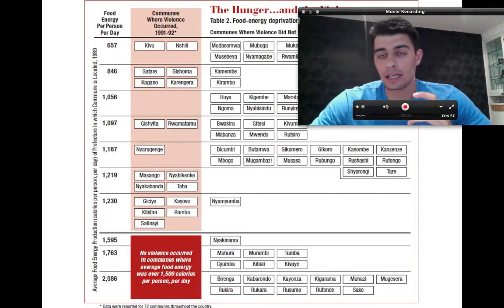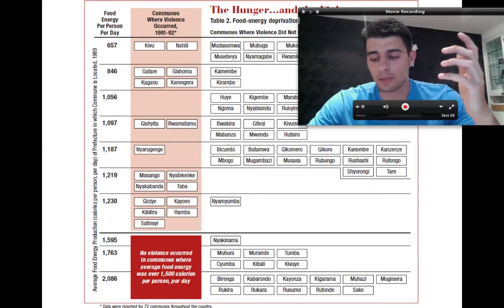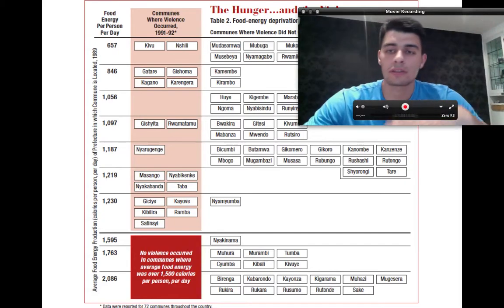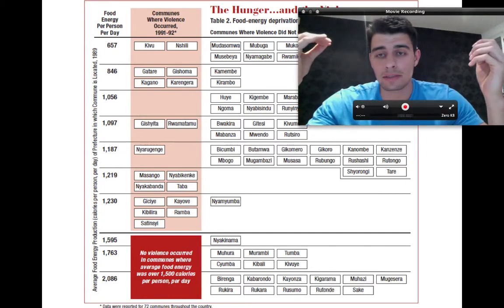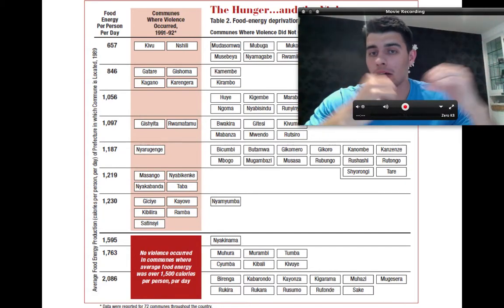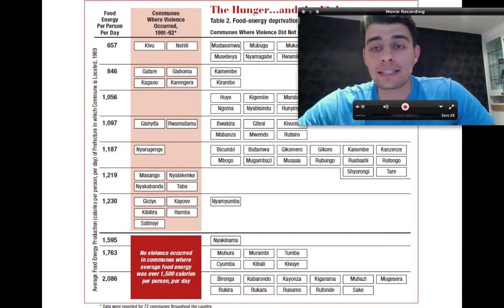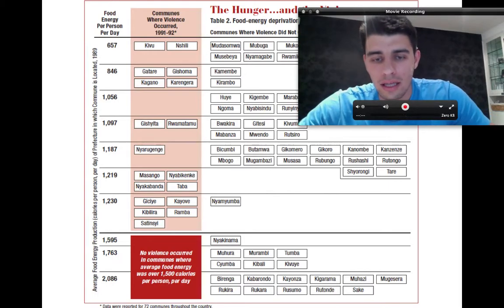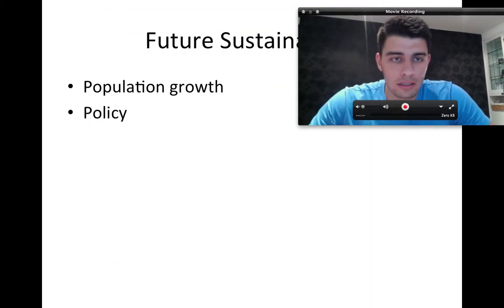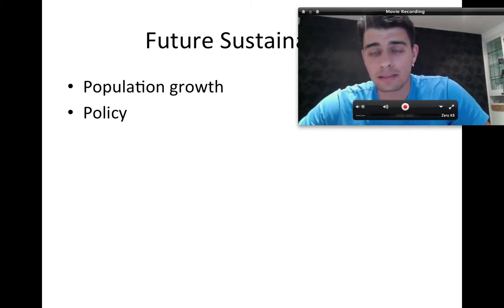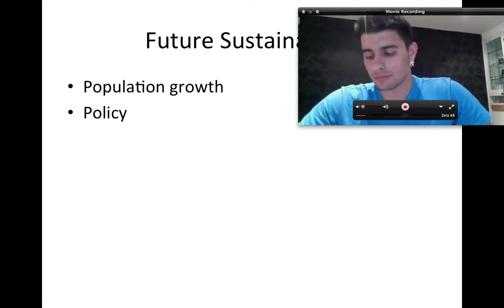As I've explained, this creates a massive strain on resources and also degradation of land, which is completely unsustainable if you have such a huge amount of population growth and a limited amount of resources. So he says there needs to be policies in place that allow for better sustainability in the future.